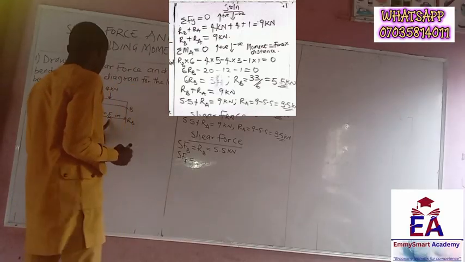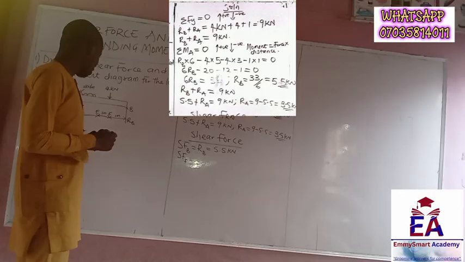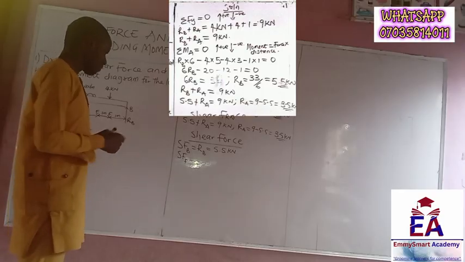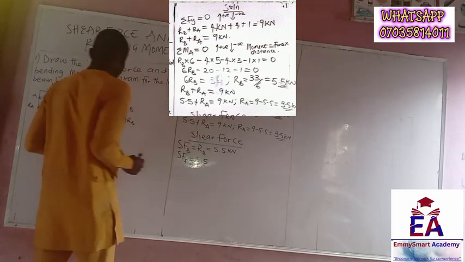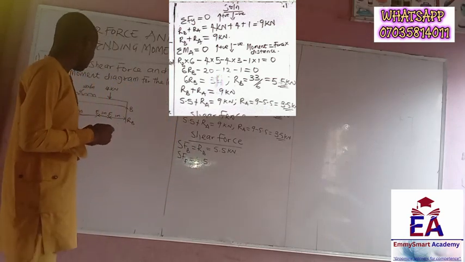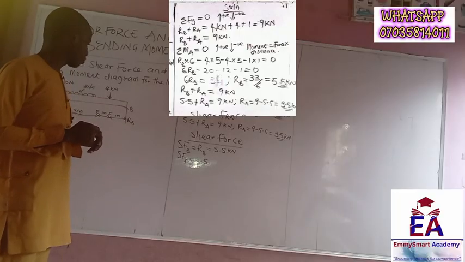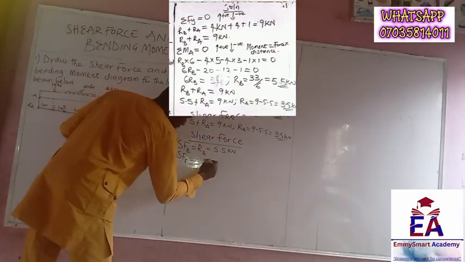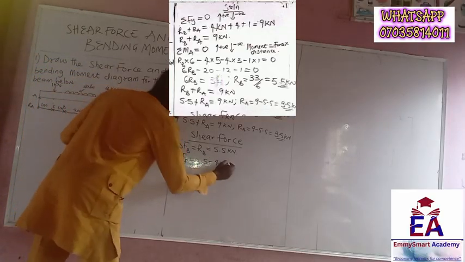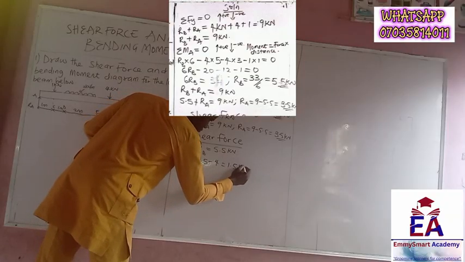The next thing, we find the shear force at point F. We have this 5.5, then we are going to be subtracting the forces. So 5.5 minus 4 is equal to 1.5 kilonewton.